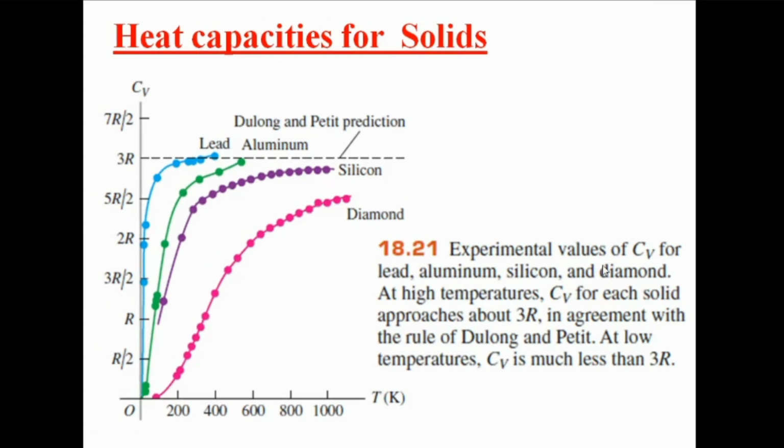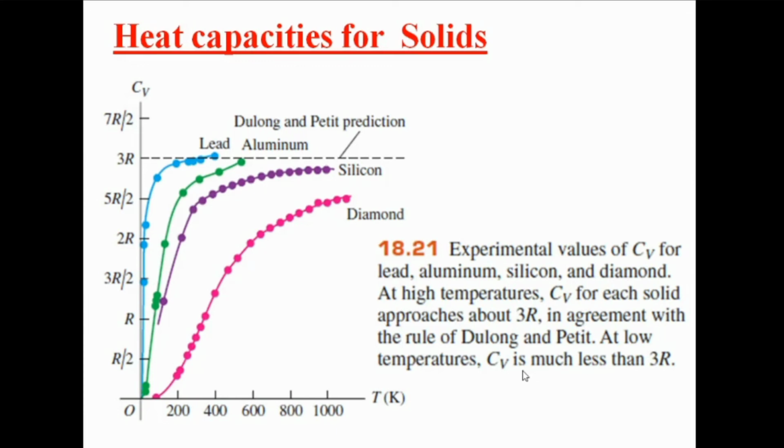From this graph, the experimental values of Cv, the heat capacity at constant volume for lead, aluminum, silicon, and diamond, although at high temperature each of them is approaching 3R, which is in very good agreement with the Dulong-Petit theoretical formula. But at low temperature, Cv is not 3R, it is much less, and at 0 Kelvin, Cv approaches the value of 0.